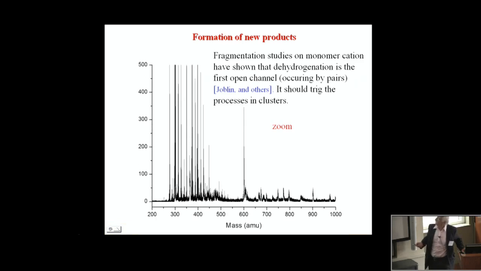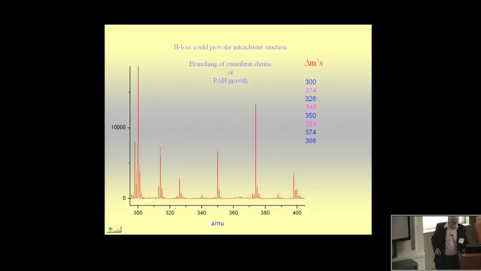If you make a zoom, you see these same things, but you also see that starting from the dimer and higher masses, you also have a number of features. Then if you look at the mass separation, of course you have the classical isotopic pattern plus just a little dehydrogenation here, for instance, as well as here.